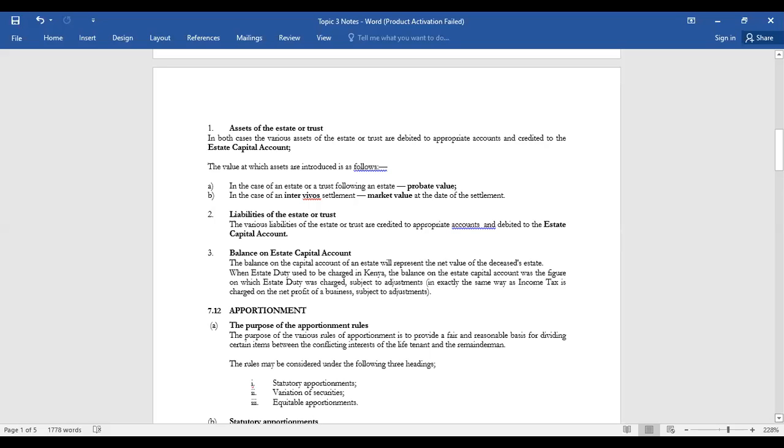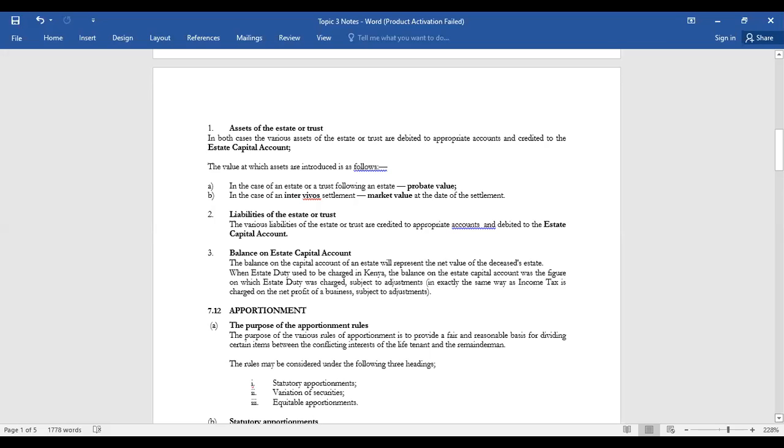And we said inter vivos is the transfer of property made during a person's lifetime, because you've seen it recurring. So in the case of inter vivos, the settlement will be made at market value. Market value is the prevailing rate at the date of settlement. If, for instance, a plot of land was going for 2 million at the time that it was gifted by the life tenant, then that will be the market value.